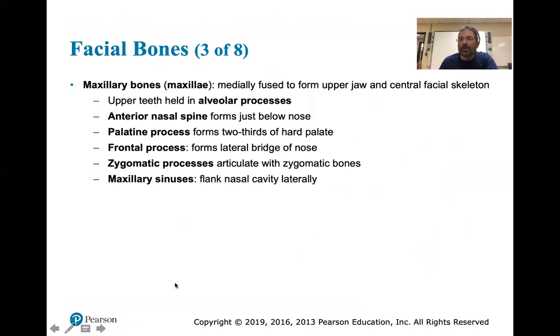The maxillary bones, or the upper portion, immediately fuse to form the upper jaw and central facial skeleton. Try to translate this. Any of you that are going into dental or whatever, just realize that the sinuses are above this in here.